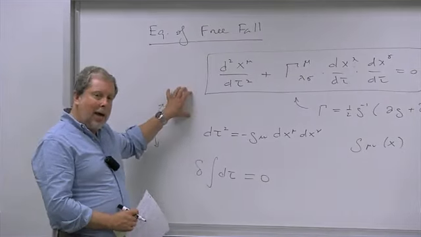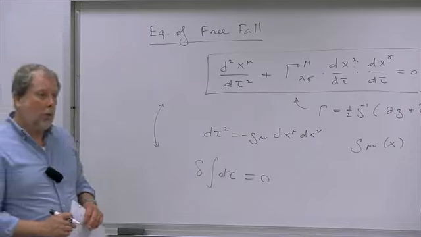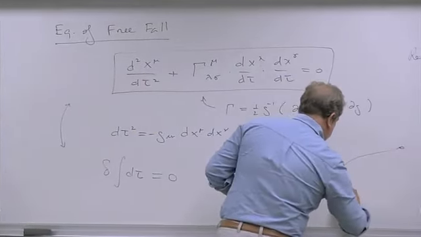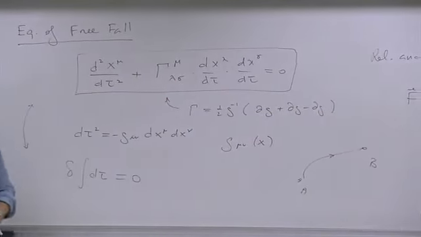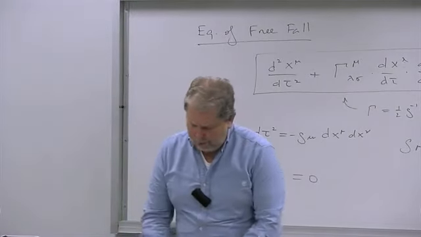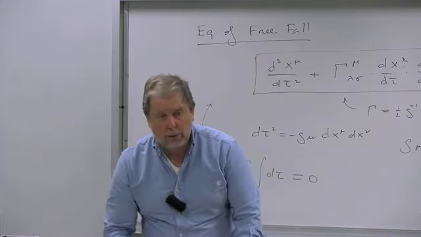So here you have the analog of the Lorentz equation. You have the equation that tells you what trajectory a particle will follow when it goes from point A to point B under the influence of gravitational forces. Analog of the Lorentz equation for gravitation. So as I said, this is one of the cornerstones of general relativity.